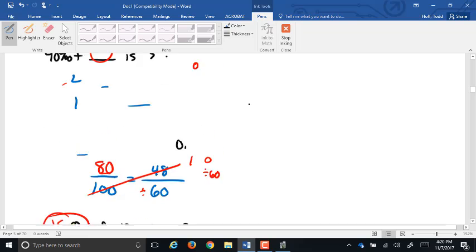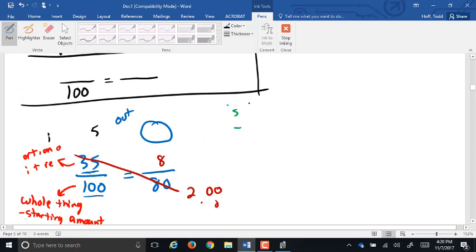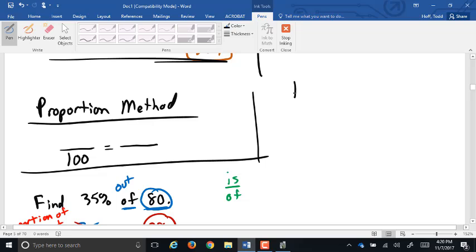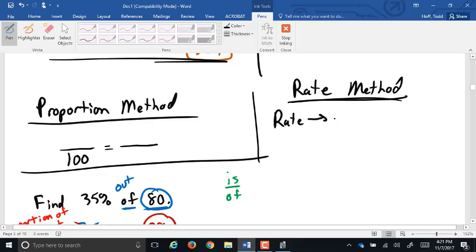And this method is called the rate method of proportions. And the rate method uses just that, a rate. And what a rate is, is just the decimal form of a percent.